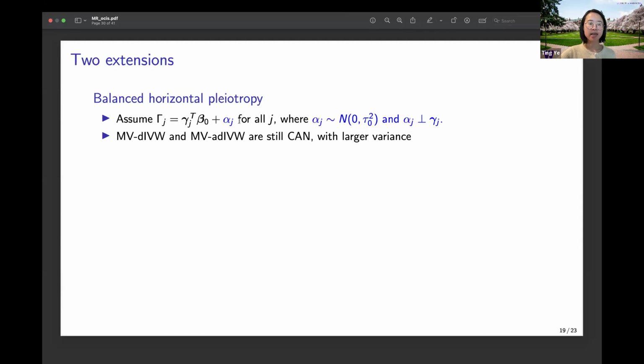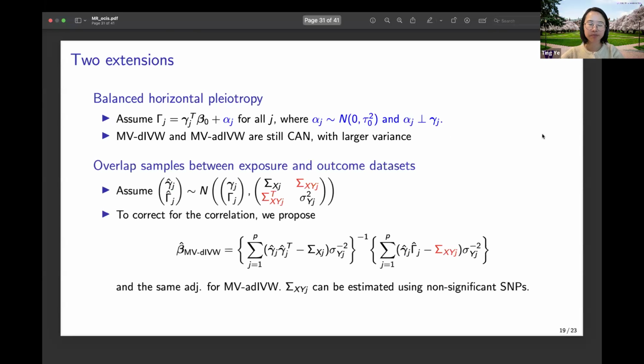So we model that by adding this direct effect, and this direct effect is a random effect, independent of IV strength. And we can show that both our MV-dIVW and MV-adIVW are still consistent and asymptotically normal, but the variance is larger because of the random effect.